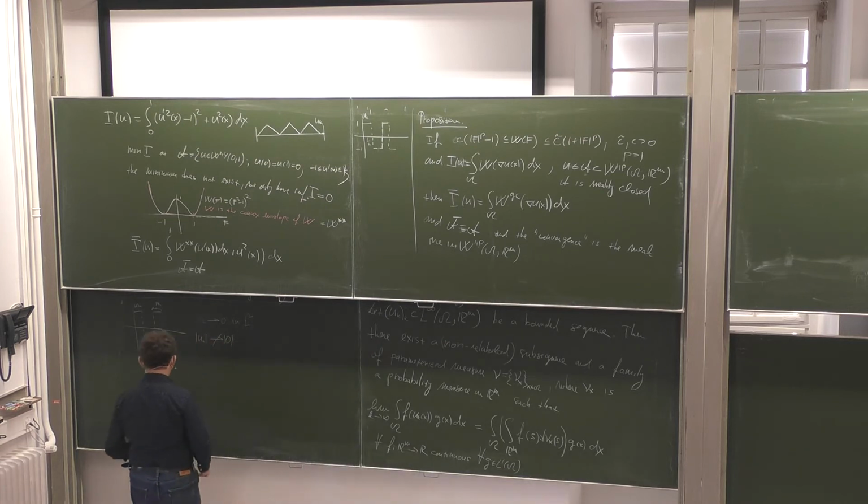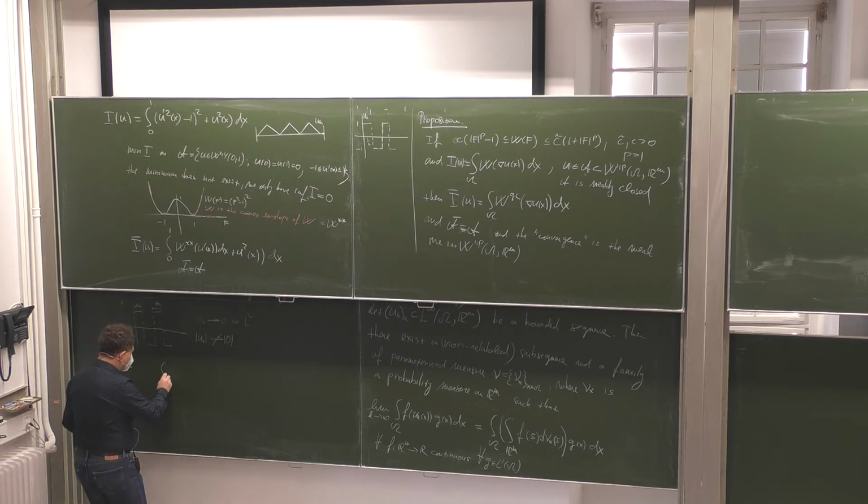And I will need it because the problem of ours is that we have, say, our function w of the gradient of u_k, and we are looking at the lim inf.